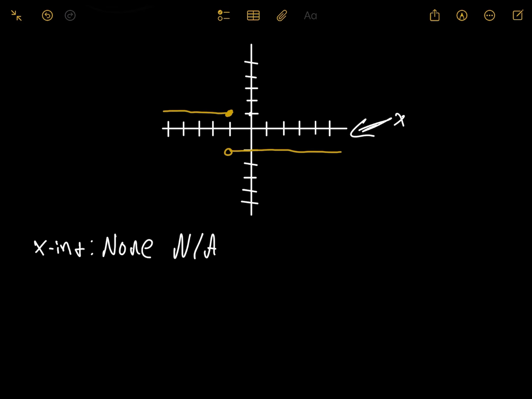Let's go on to finding the y-intercept. We could obviously see that on the y-axis, our line crosses one point, that being this part. This part would be -1, so our format of this would look like (0, -1), since this defines x and this defines y.